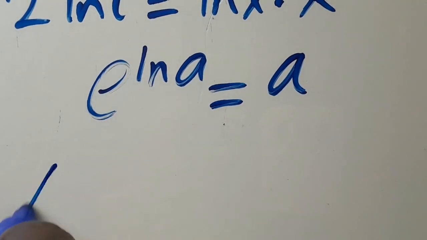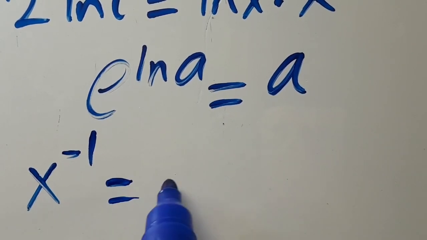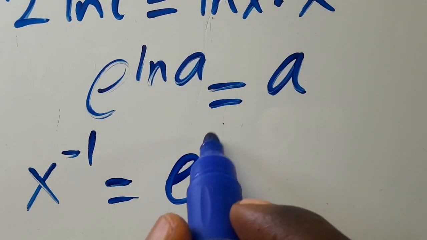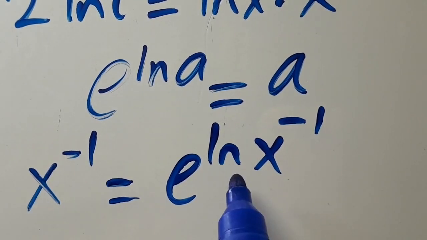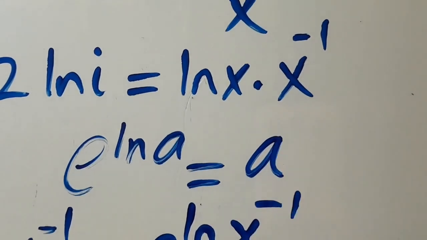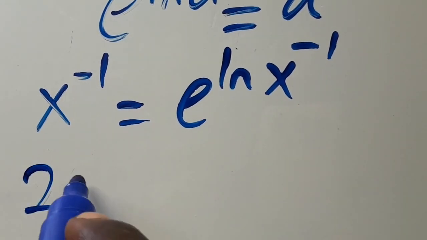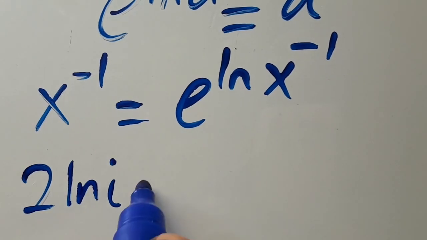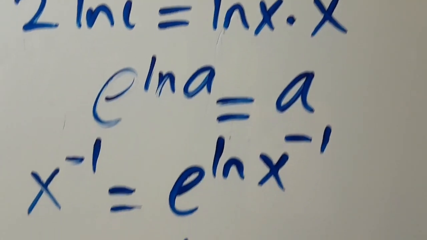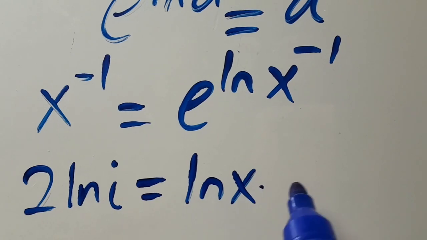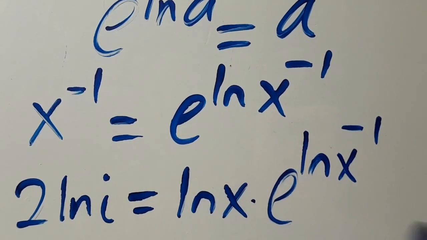Simply means that x to the power of minus 1 is equivalent to e to the power of ln of x^(-1). So by putting it here, we are going to have 2 ln of i equals ln of x, then multiply by e to the power of ln of x^(-1).